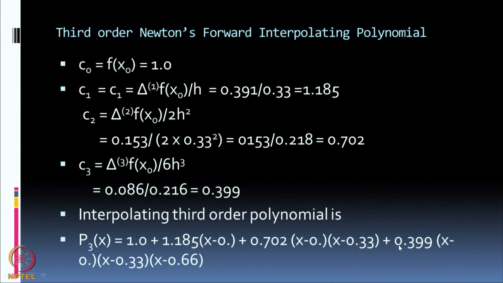Finally, the third value 0.399, that is my C3, into (x minus x0) into (x minus x1) into (x minus x2). So, now this is an interpolating polynomial between these 4 points of data that I had, and with this function I can calculate the values of the polynomial.